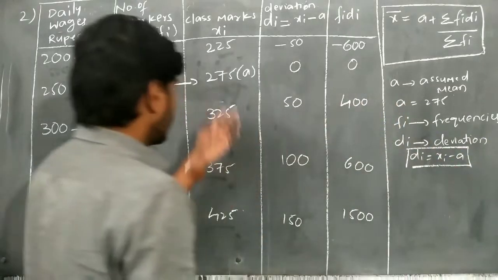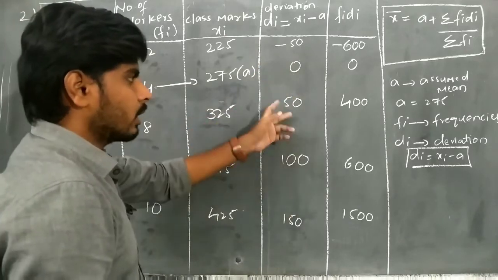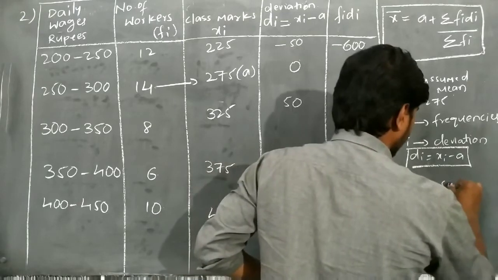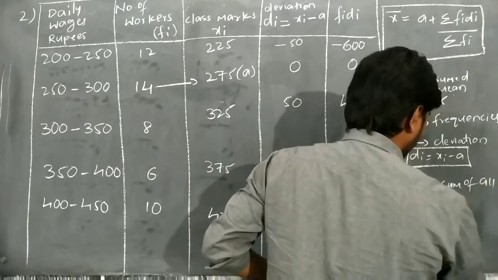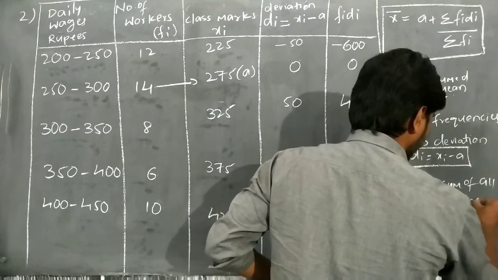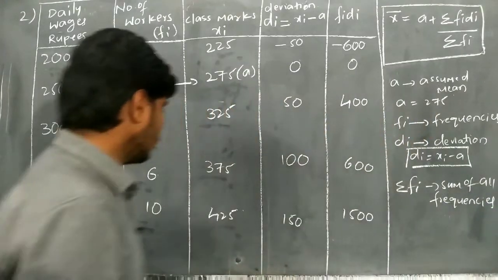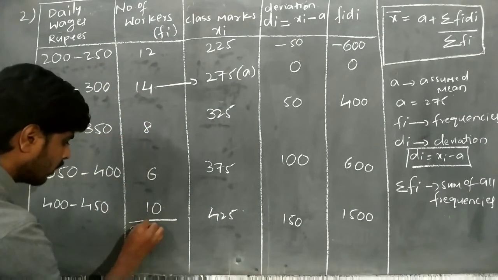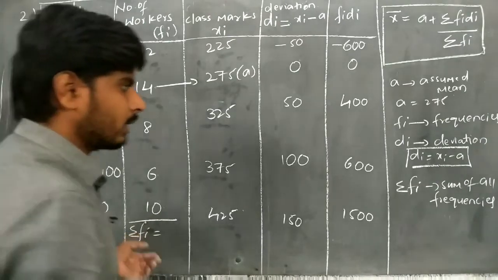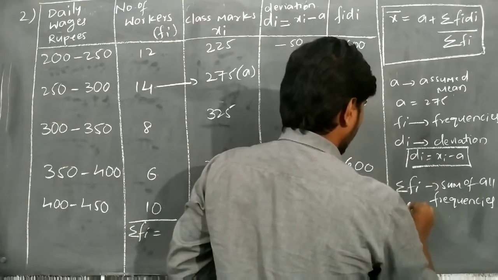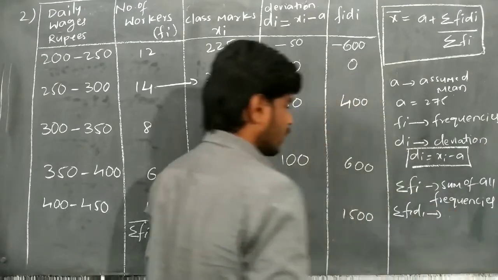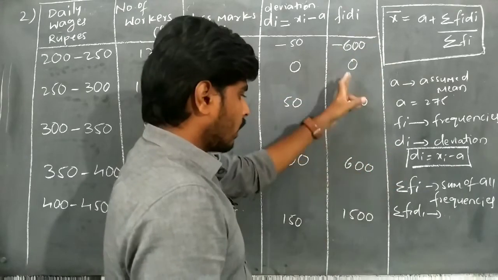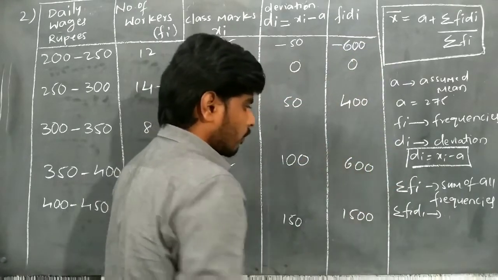Already we have found these deviations. Next, sigma fi, the sum of all frequencies. Look here, we have to add all these frequencies, okay. And the remaining is sigma fi into di, so here we have to add all these fi into di values. Okay, we have to do the summation here, right?